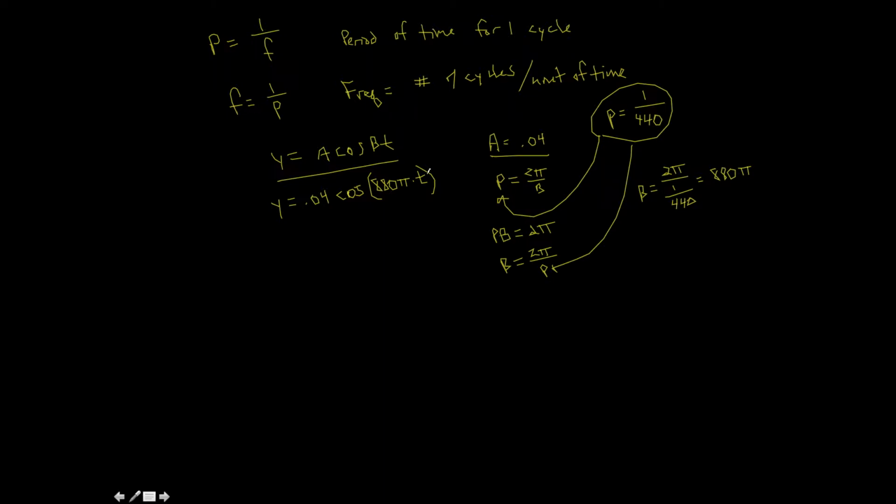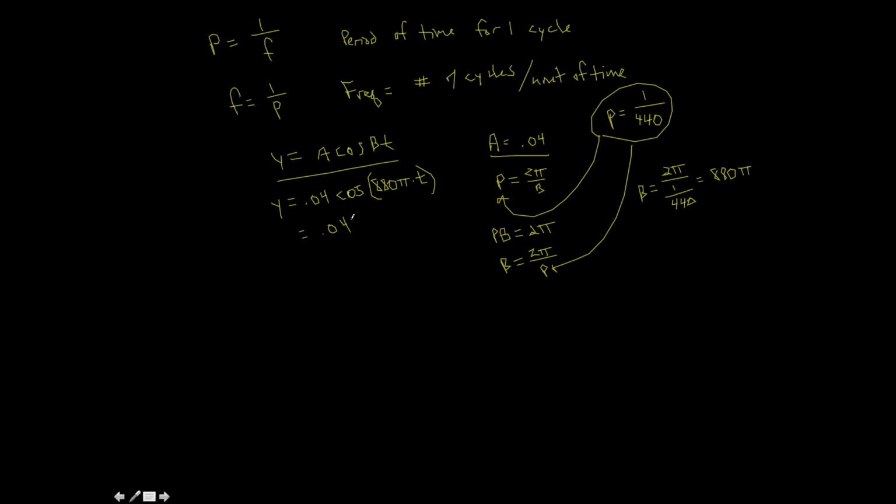So in our problem, they told us that t was 0. So what if I wanted to find the y value when t is 0? You can check this very easily. Take your y value of t equals 0, plug it in. When you plug t equals 0 in, you should get this for your answer, which should check out for you.